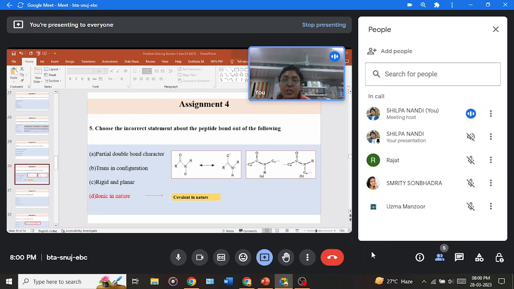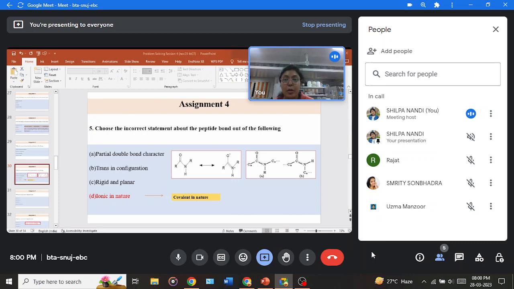This kind of structure basically represents the trans configuration. And figure B has O and H on one side, and C alpha and C alpha, both the carbon atoms, lie on the same side of the peptide bond. So this kind of configuration is termed the cis configuration.